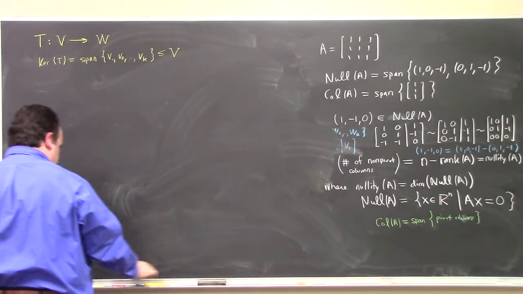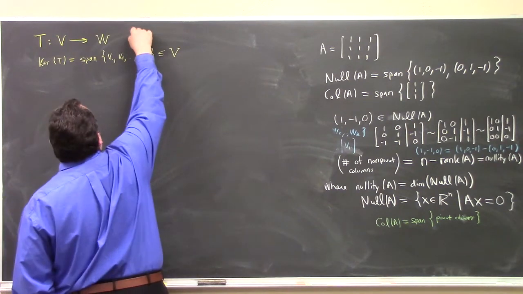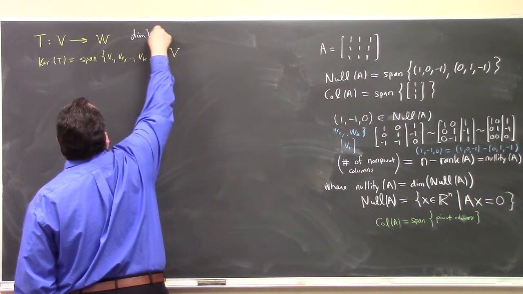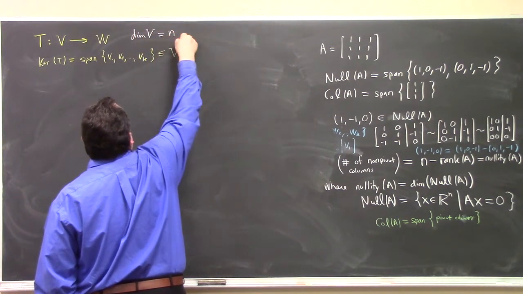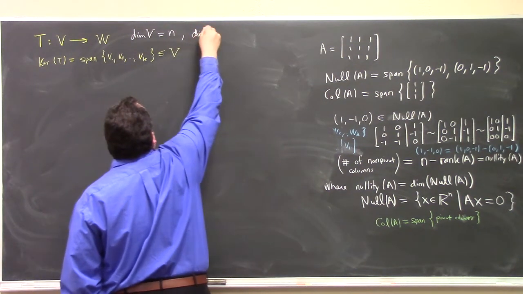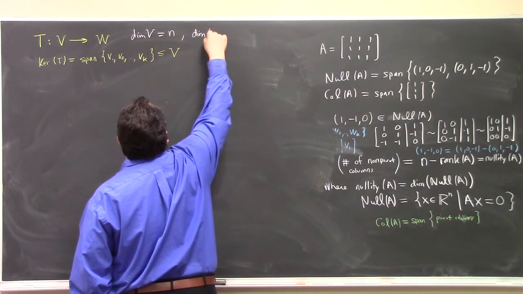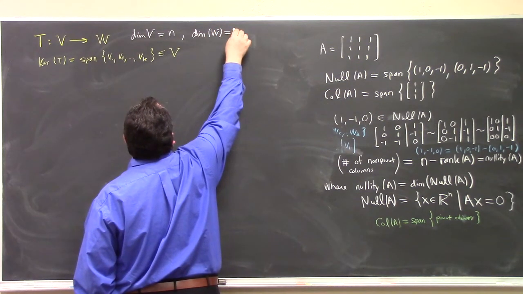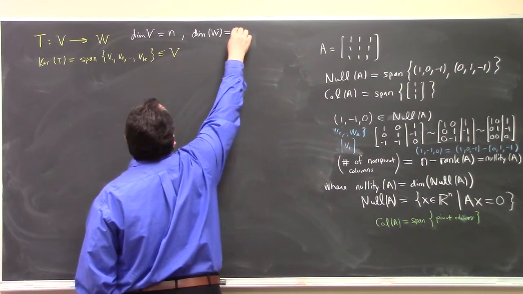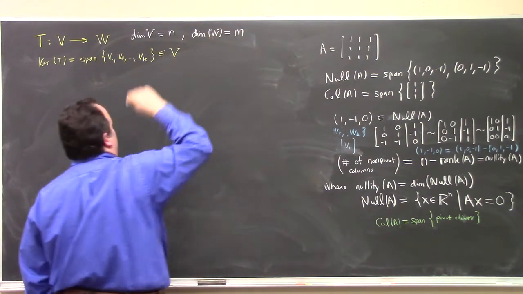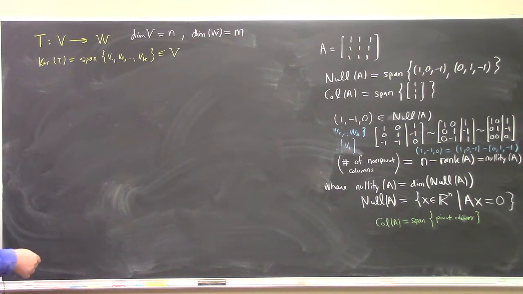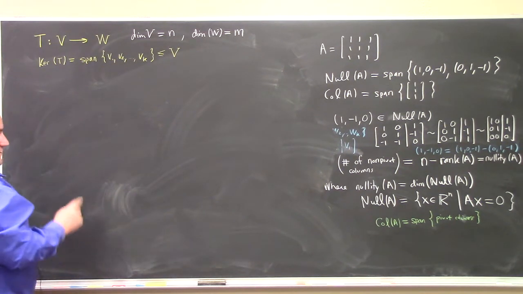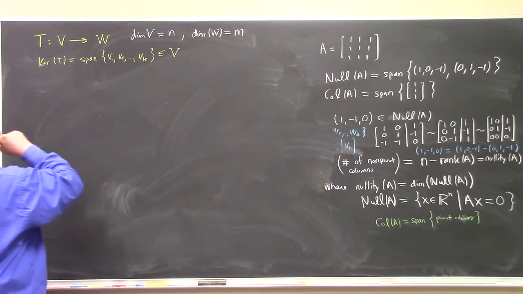We're going to assume the dimension of V is n, and the dimension of W is, well, fine, it is what it is. I made my choice.